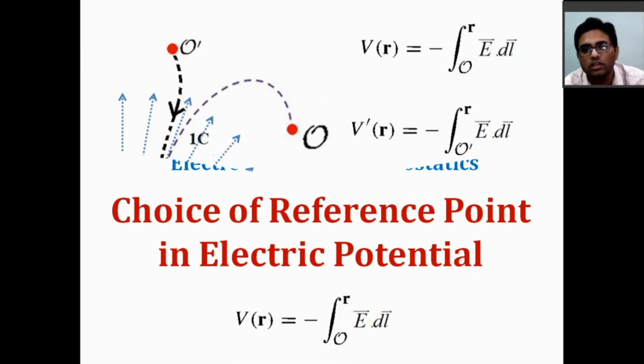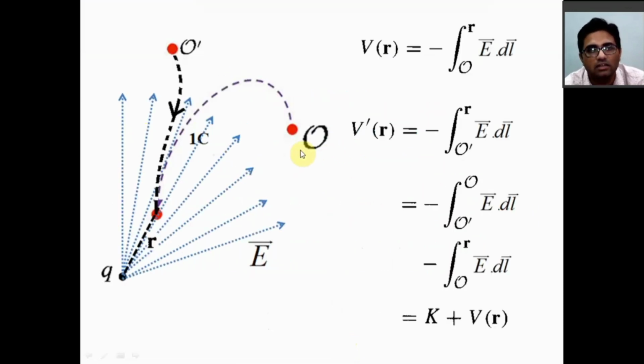Okay, so when the reference point is at this tilted O, the potential measured at r distance from the point where the charge is situated has this form. Now, if we change the reference point from tilted O to tilted O prime, the new electric potential at this point will be of this form.